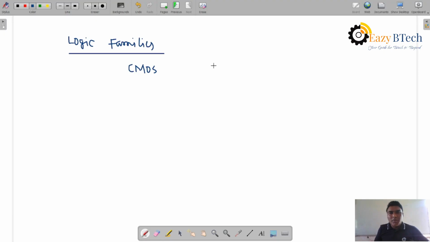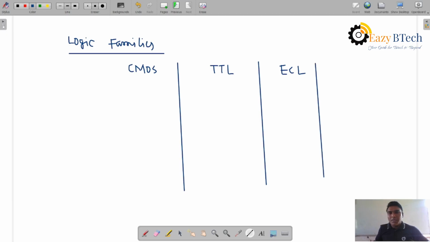TTL is also one of the logic families, and emitter coupled is also one of the logic families. Different logic families and ICs are used for gates and different applications, like mobile, home, medical, and military applications. So all these logic ICs, CMOS, TTL and emitter coupled, are used.